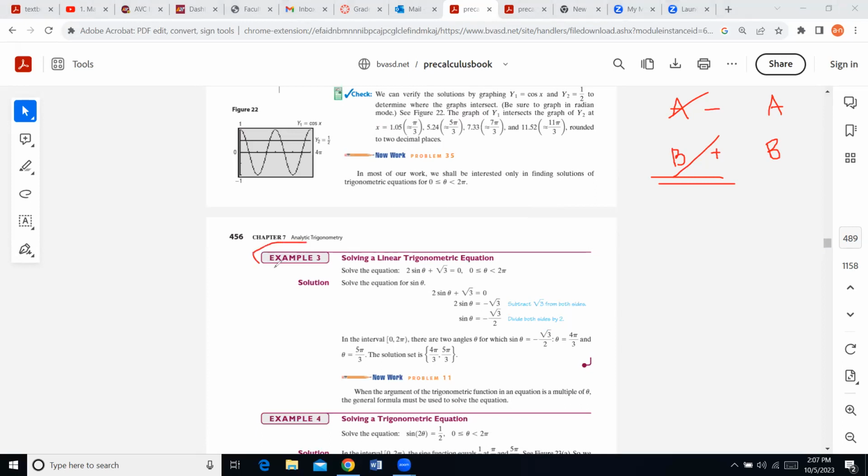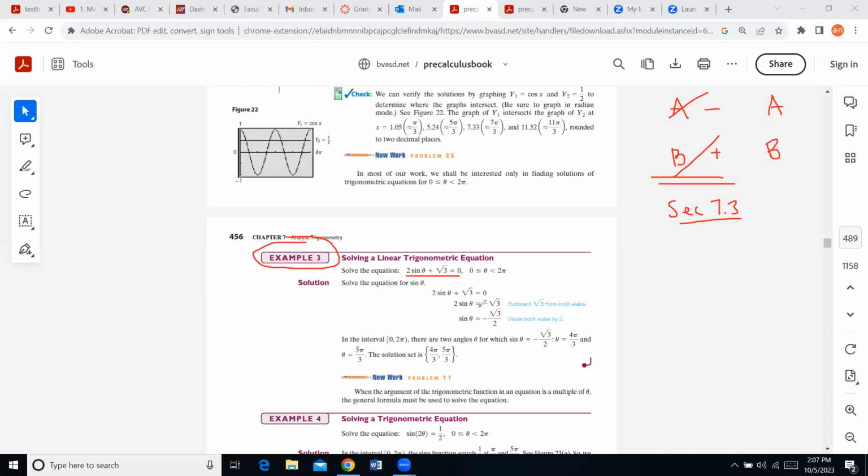So I guess a good example is number 3 here. We're now in section 3 of chapter 7, and here we're trying to solve an equation. When you do that, you're going to isolate your sine function. So you just bring that square root 3 over to the other side.